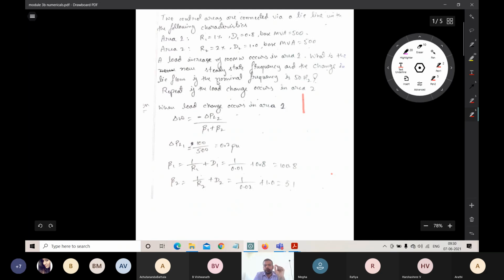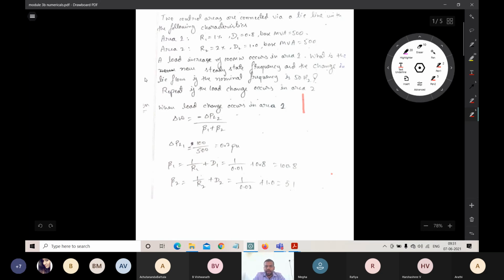So here this is the problem regarding change in load with respect to area. We have a session on what happens to the interconnected system when a load changes in the first area and area 2, and what happens to the grid when the load changes in both the areas. Based upon that concept, the problem is derived here.